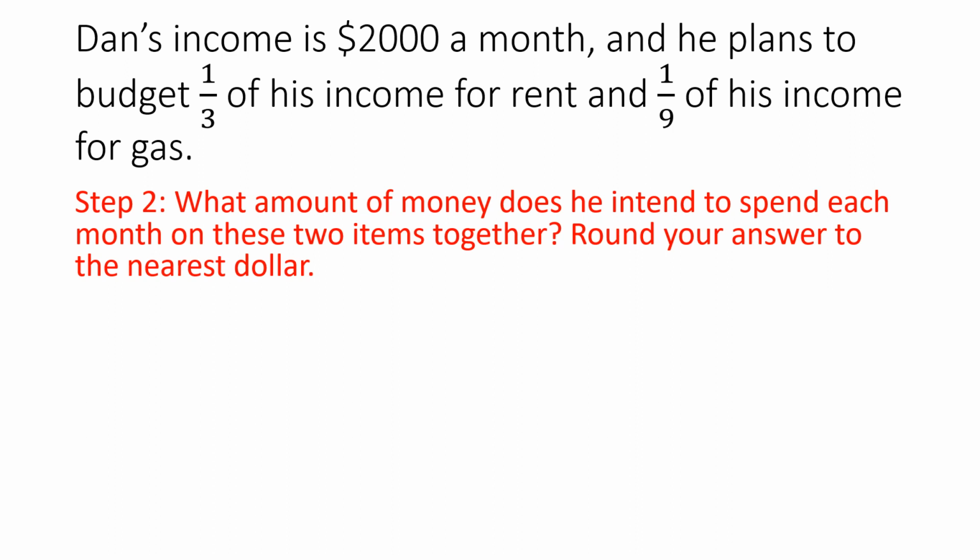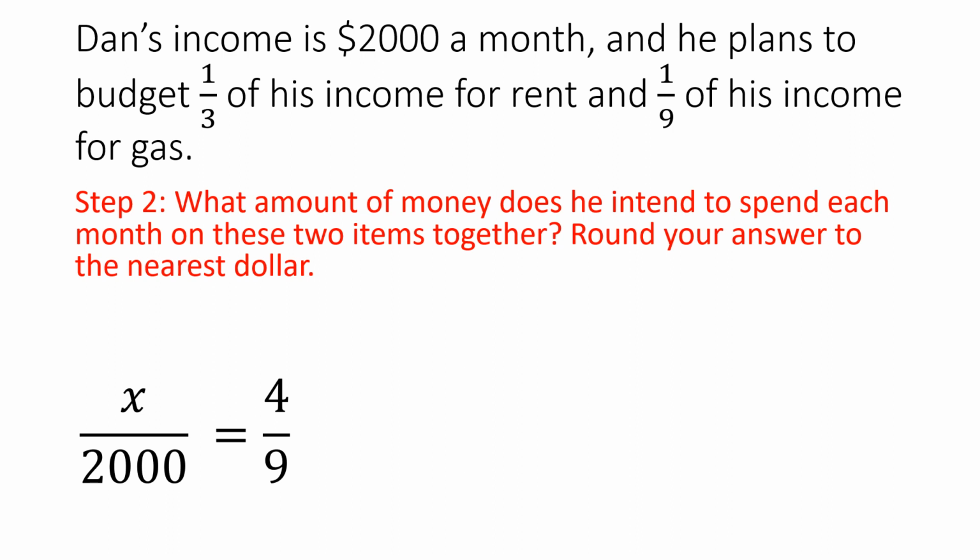And so I'm going to set it up like this. It's going to look like a proportion. I'm putting a variable x, that's the number we're trying to find, what amount of money out of 2,000 equals that total between the two expenses of 4/9. To solve this, it's going to be very similar to when we're adding and subtracting fractions with unlike denominators.